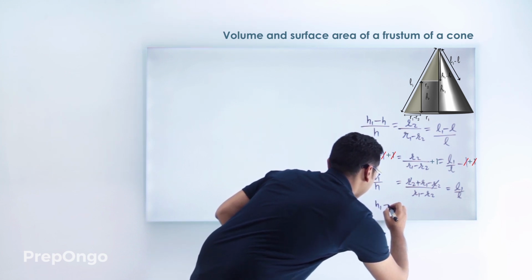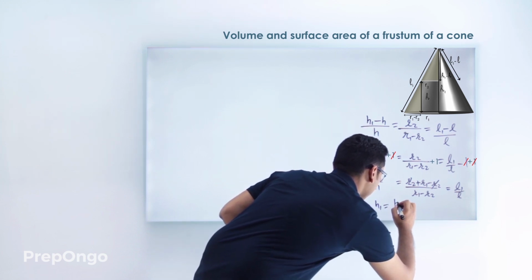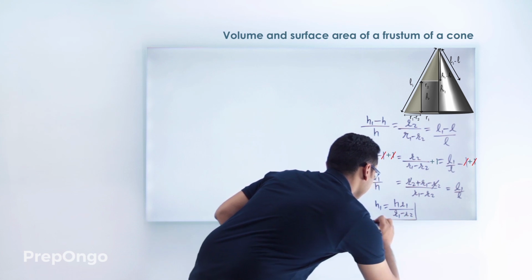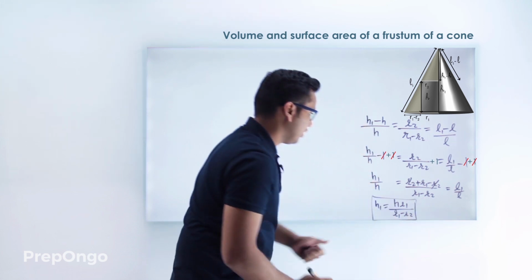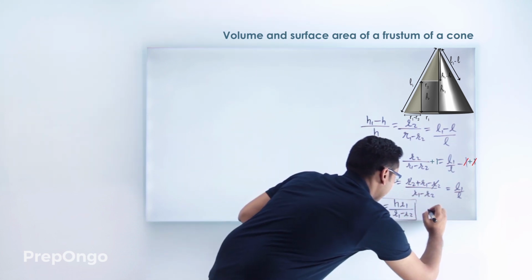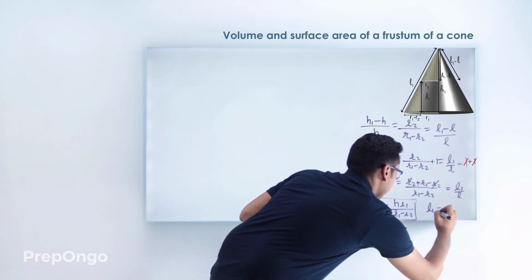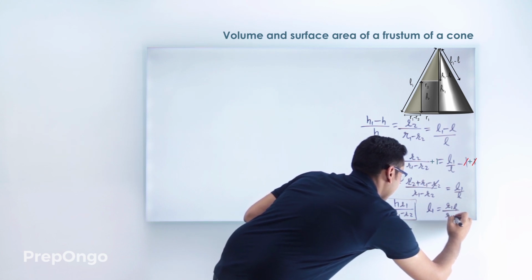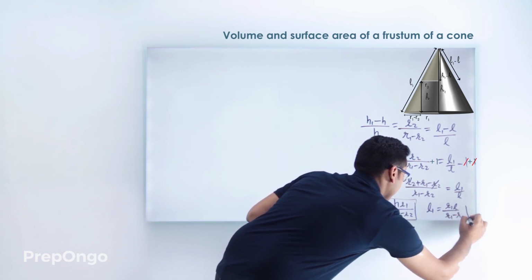h1 will come out to be h r1 upon (r1 minus r2). Similarly, the value of l1 will be r1 l upon (r1 minus r2).